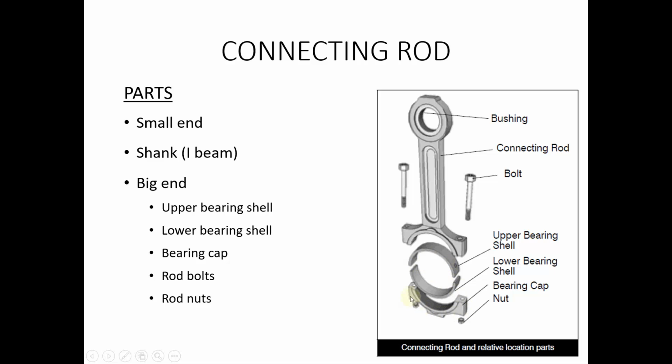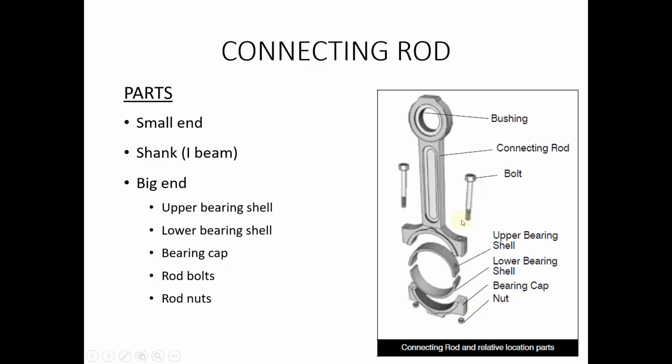And the lower portion of the connecting rod, we call it the bearing cap or the connecting rod cap, and we secure the upper portion and the lower cap by means of a two bolt and nut arrangement.